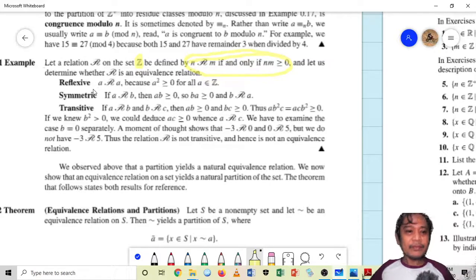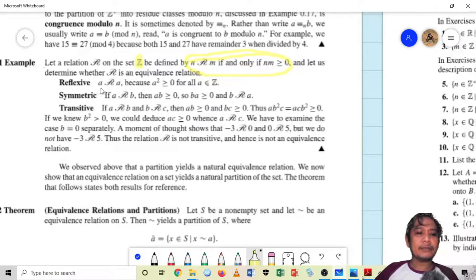Okay? Let us now verify the reflexivity. Is any integer related to itself? Is the product of the number and itself non-negative? That is the question. But if you consider the square of an integer, there is no such thing as a negative square of an integer. There is not even a negative square of a real number.